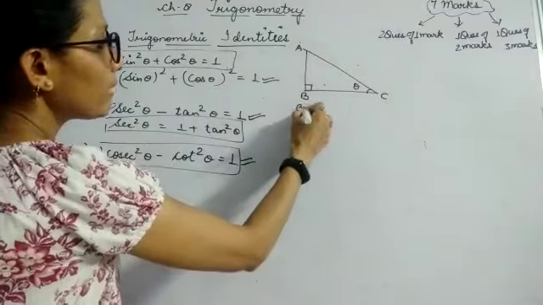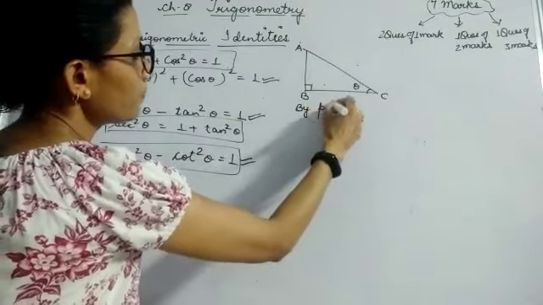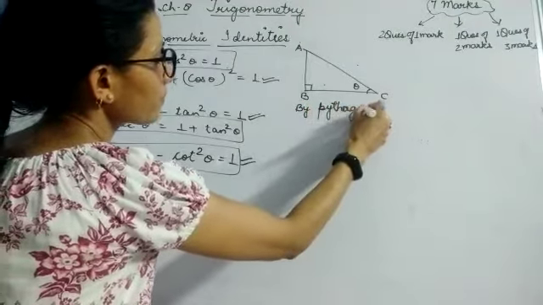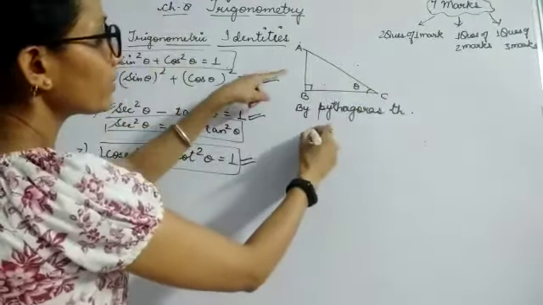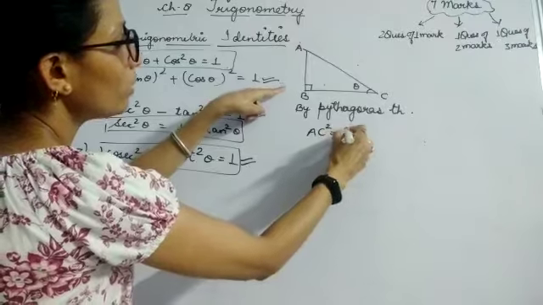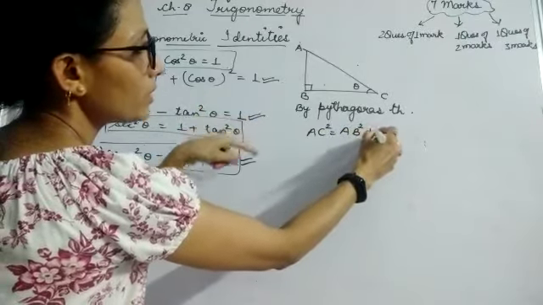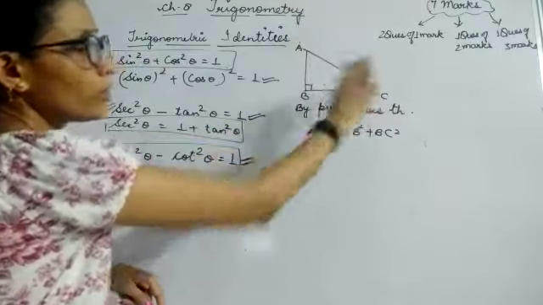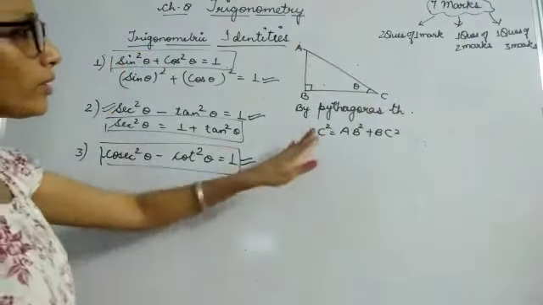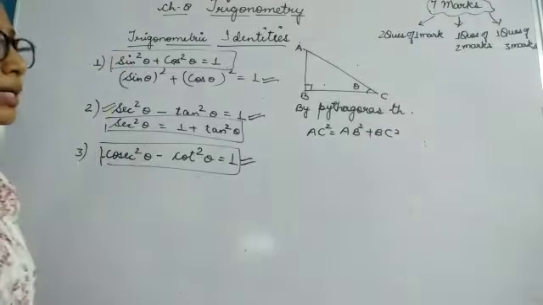So by Pythagoras theorem, what can I write here? I can write AC square equal to AB square plus BC square. Now children, this is the Pythagoras theorem you are getting here.